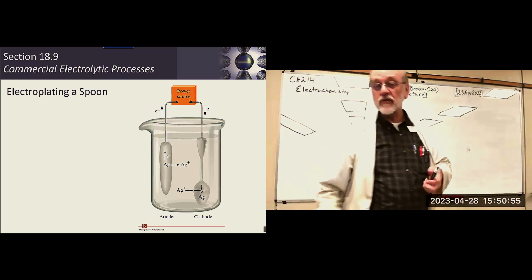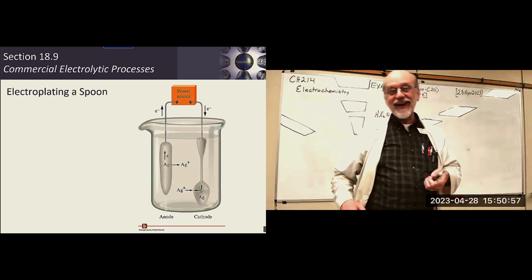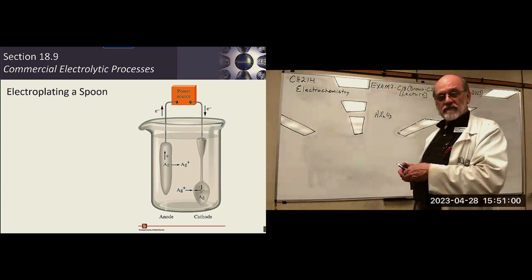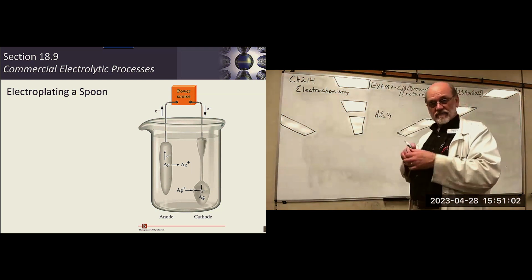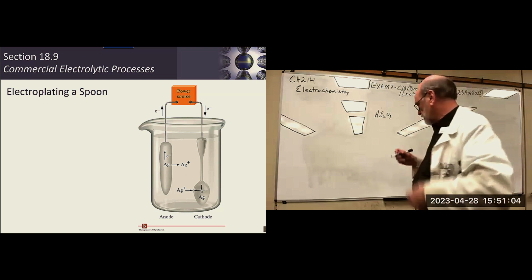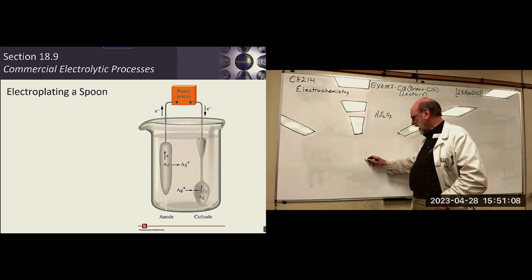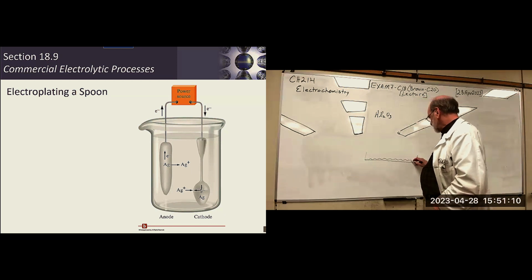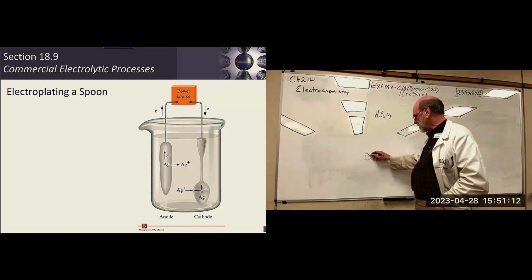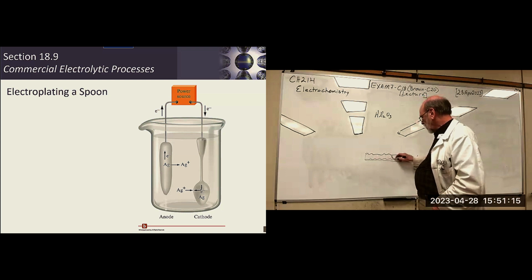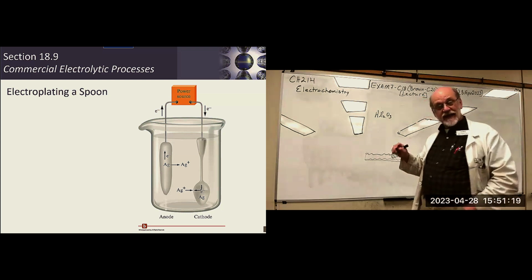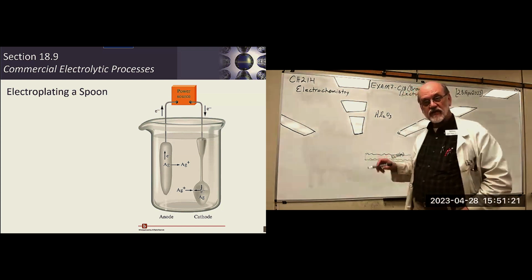You can electroplate your silverware. In fact, if you want to do some spontaneous reactions, all you need is a baking dish and aluminum foil and salt water and a corroded silver utensil.